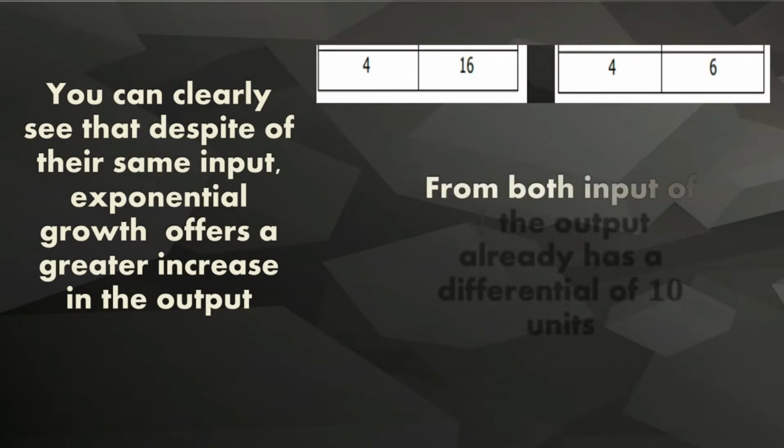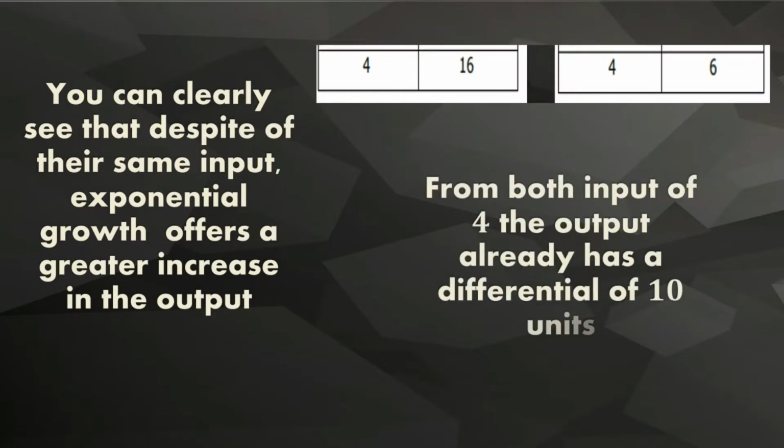Kung papansinin nyo nga, from both input of 4, there is already a differential of 10 units. Yung 4 ng exponential, 16 na yung output, samantalang yung linear, yung 4 niya, yung output niya is 6.